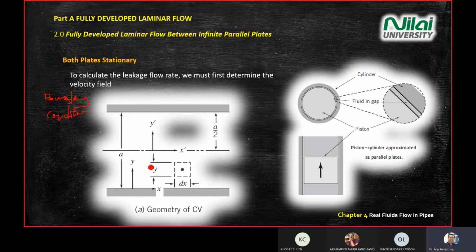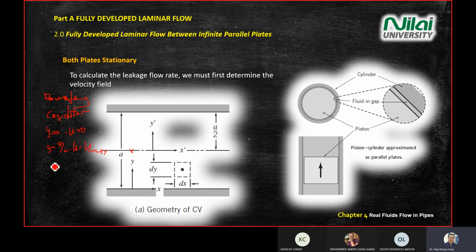One is y, x at the bottom. One is y prime, x prime. When I mention y equals 0, it starts from the plate, from the wall, velocity 0. When I mention y equal to a divided by 2, this axis reaches the center, U equal to U max.